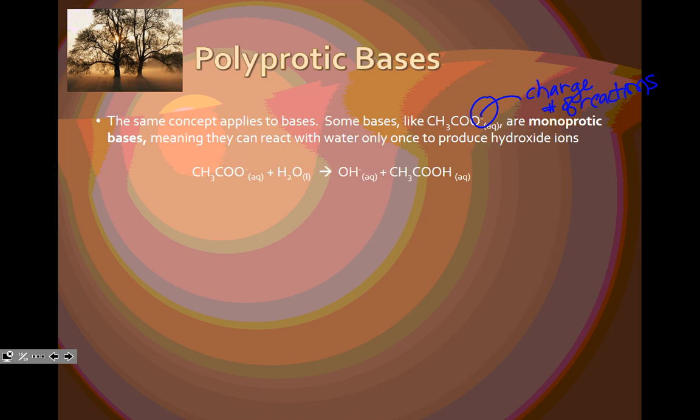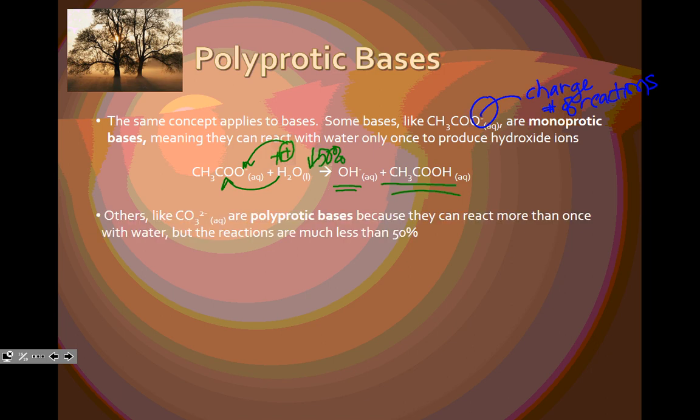So it only reacts one time, right? The hydrogen comes here, reacts, and brings with it a positive charge. This positive charge is going to make that neutral, forming the CH3COOH, which happens to be a weak acid. And here's our hydroxide ion. This happens less than 50% of the time because it's weak, right? Because there's no OH in the formula.